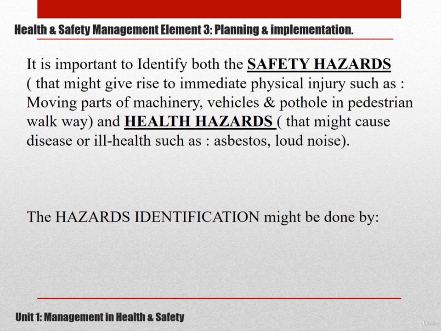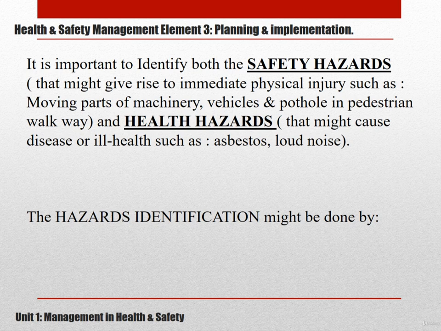Remember that the risk assessment is a tool for identifying all the significant hazards that exist in the workplace and all the things that have the potential to cause harm, and not only a tool for identifying those hazards that are poorly controlled.